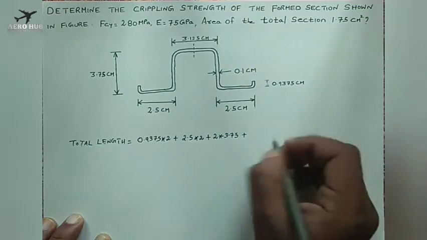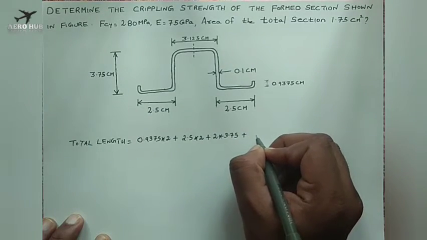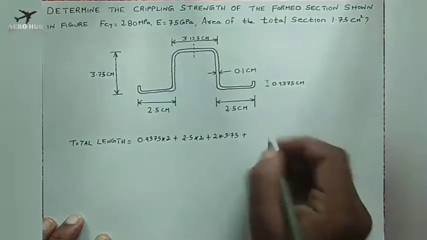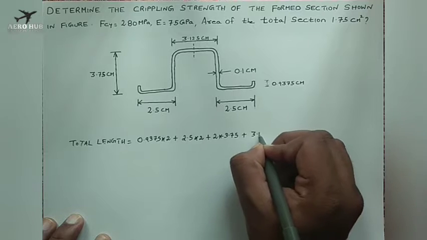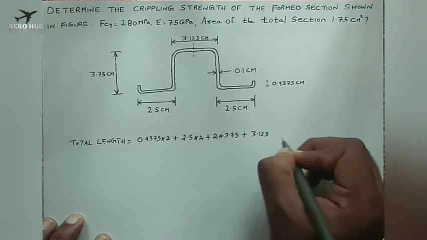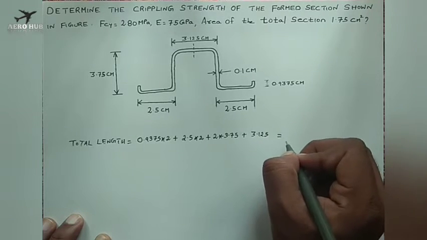This distance is not multiplied by 2 because it's a common distance. It will be 3.125.